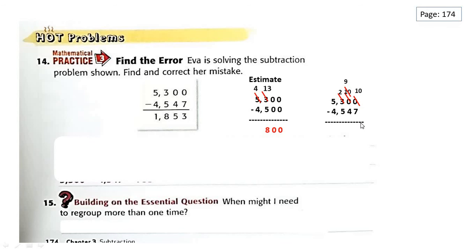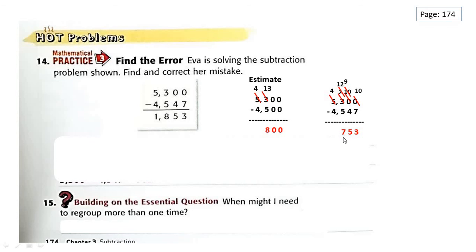So 10 minus 7 equals 3, and then 9 minus 4 equals 5, and 2 minus 5, we cannot subtract that, so we have to regroup again. So this 5 is going to be 4, this 2 is going to be 12, so we can subtract now. 12 minus 5 equals 7, and 4 minus 4 equals 0.